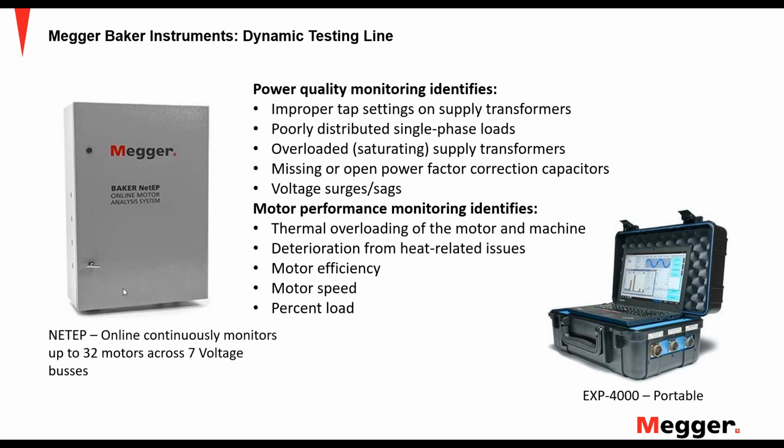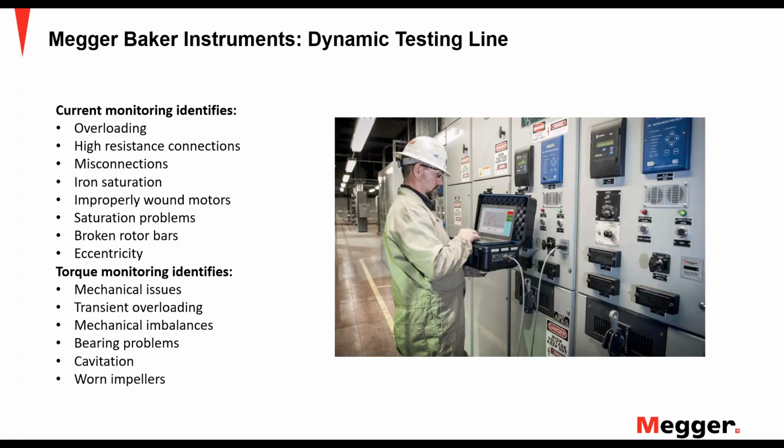Motor efficiency, speed, load percent. Current monitoring, looking at just the current aspect there. We've got overloading, high resistive connections, misconnections. Iron saturation can cause current issues. Improperly wound motors, saturation problems, broken rotor bars, eccentricity, all can be seen in the current spectrum.